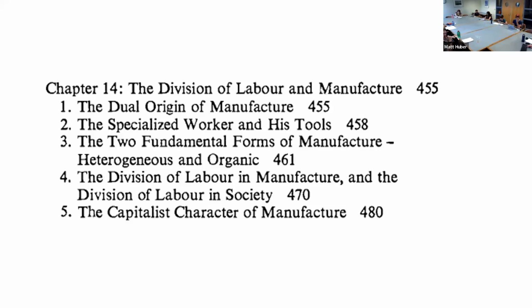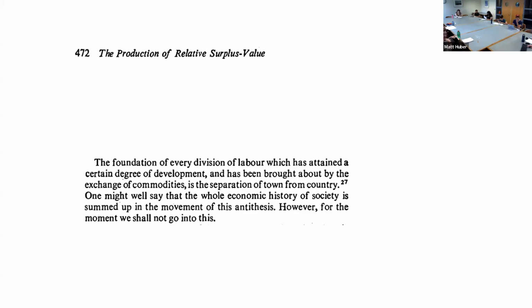So this is an interesting distinction. One of those frustrating things for Marx is he can bring up something really important and then just leave it aside, right? So the foundation of every division of labor which has attained a certain degree of development, and has been brought about by the exchange of commodities, is the separation of town and country, or the separation between cities and rural areas. As a geographer, this is super interesting, right?